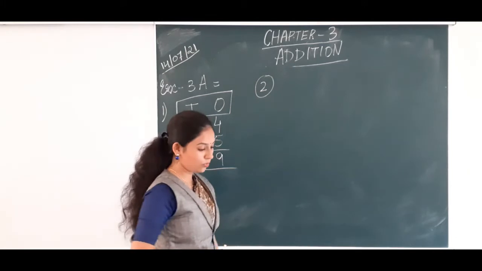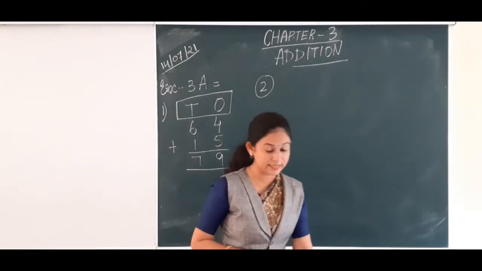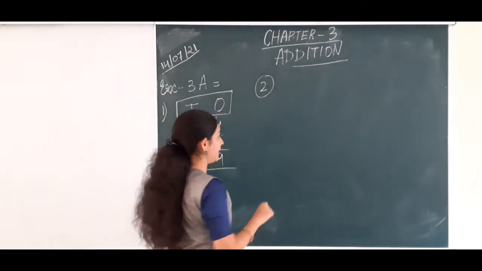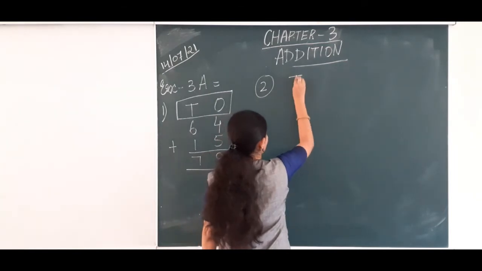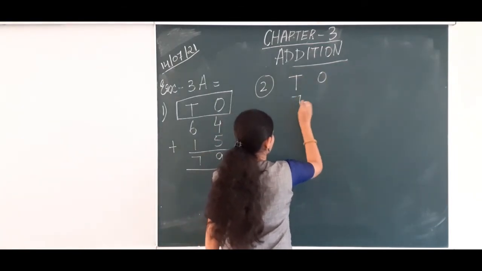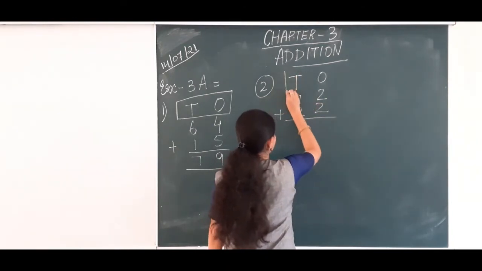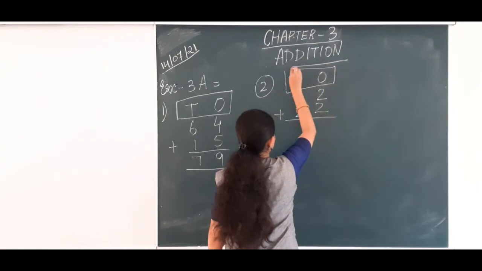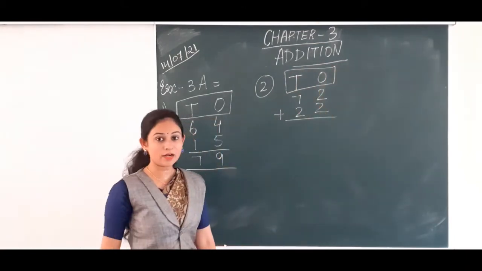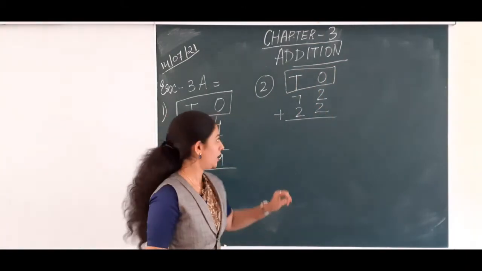Question number 2 is 72 plus 22. We always start with the ones column.